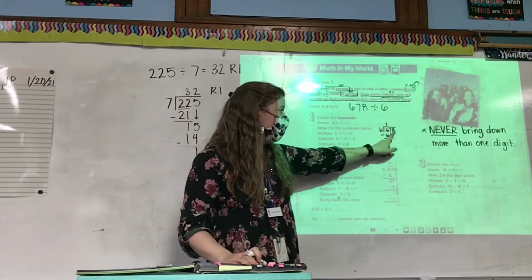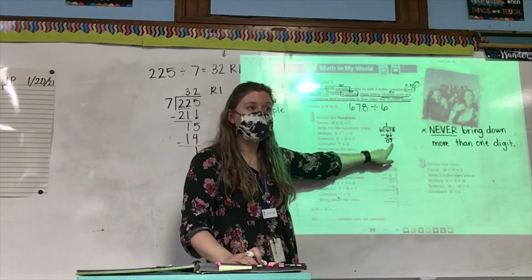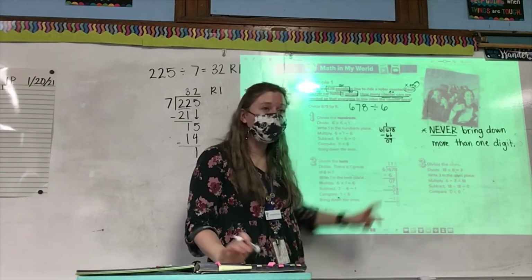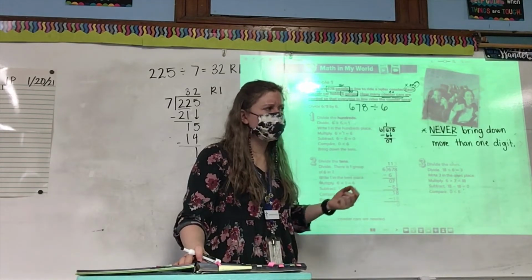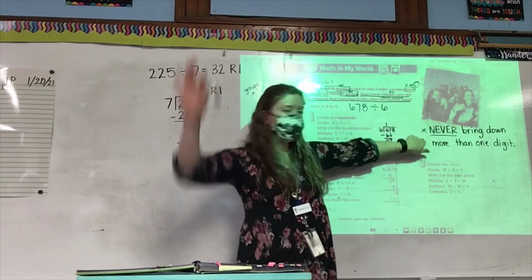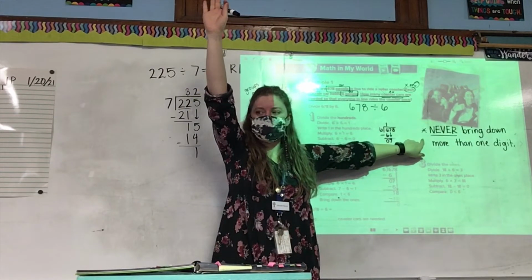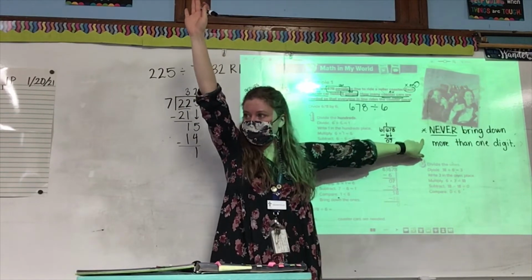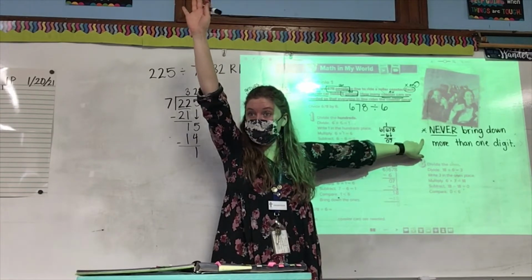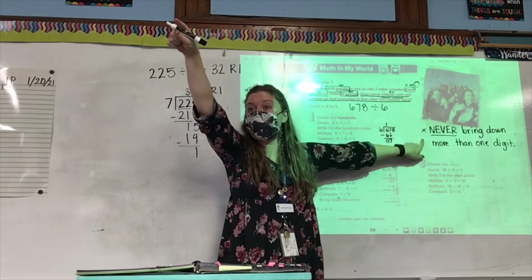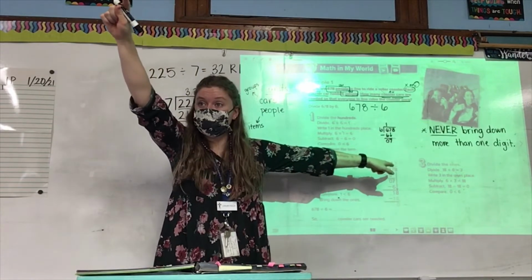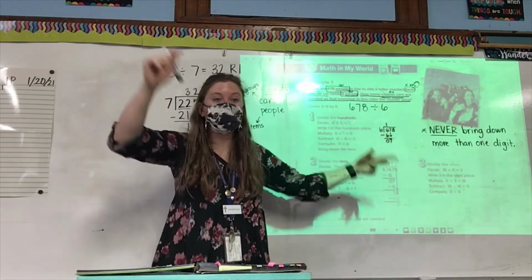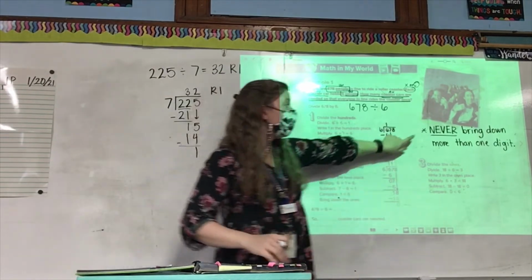So we see that when we got to this bring down step, 7 and 8 were available. Do we bring down 7 and 8? Ethan, no, we only bring down the 7, or whatever digit comes next.